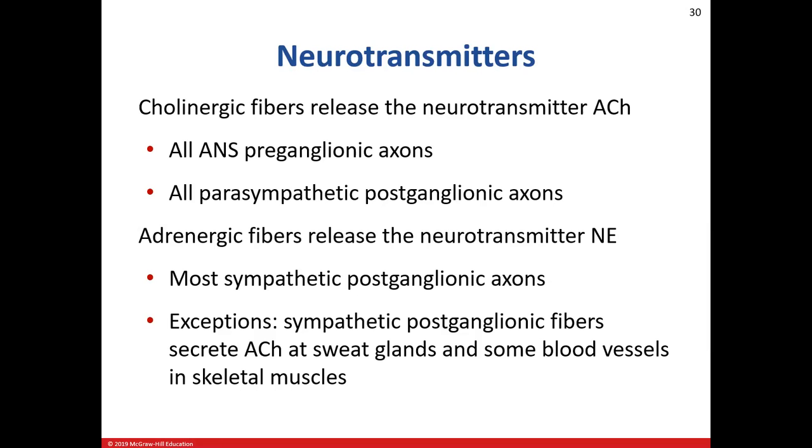Again, these all release acetylcholine. It also includes all of our parasympathetic postganglionic axons. Now, our adrenergic fibers, which again release norepinephrine, most of these are going to be the sympathetic postganglionic axons, with a few exceptions that include the sympathetic postganglionic fibers that secrete acetylcholine at sweat glands, as well as some of our blood vessels within the skeletal muscle.